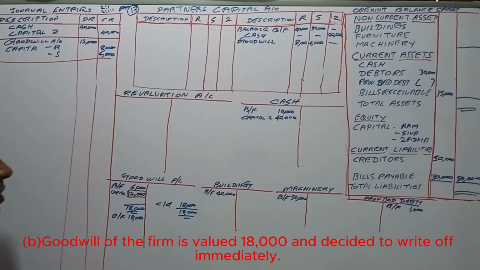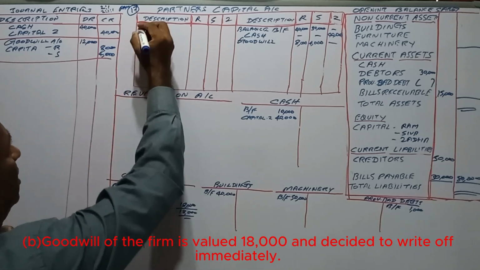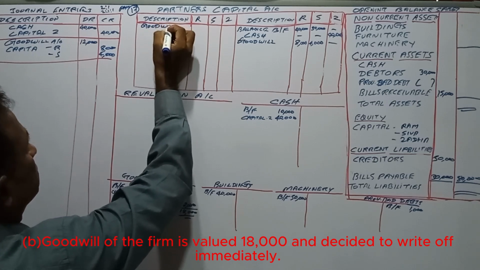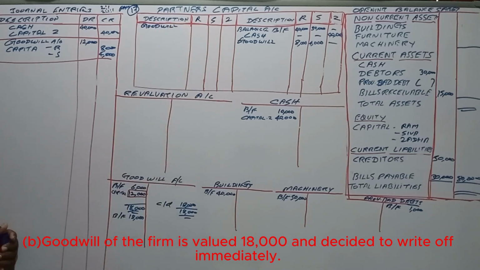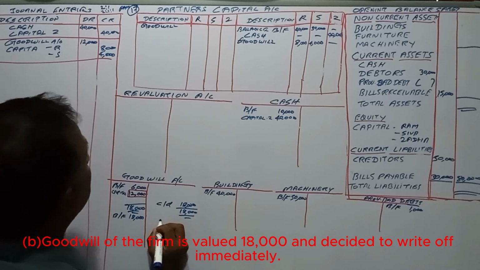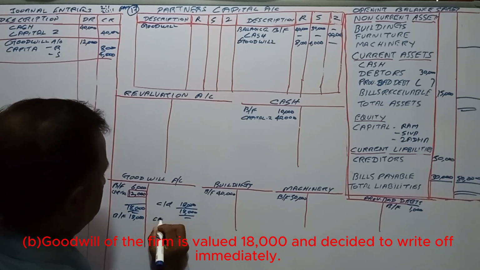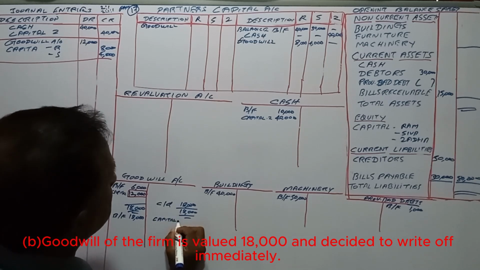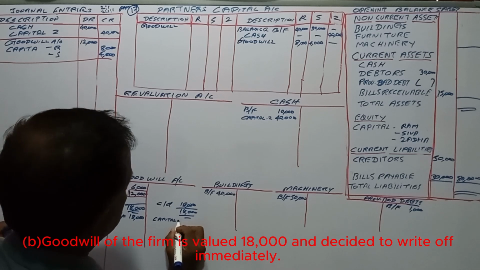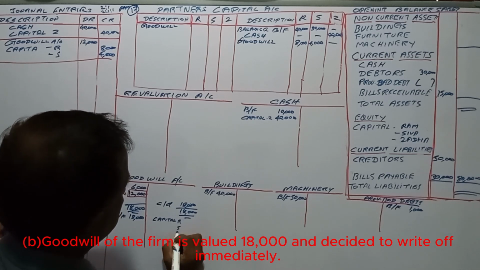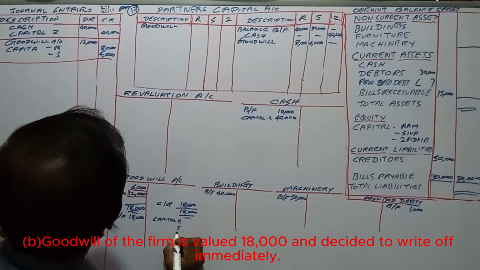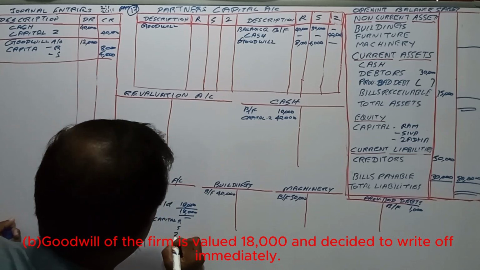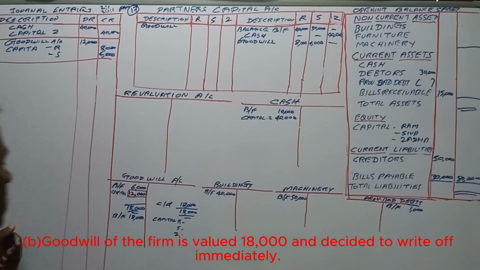Then goodwill account credit, capital account debit. Goodwill written off immediately, capital of Ram, Shiva and Zada, how much? 18,000.